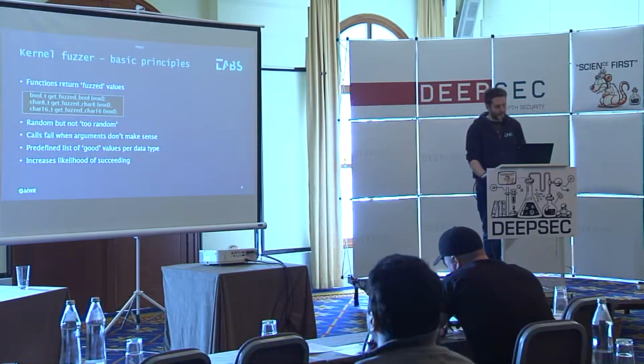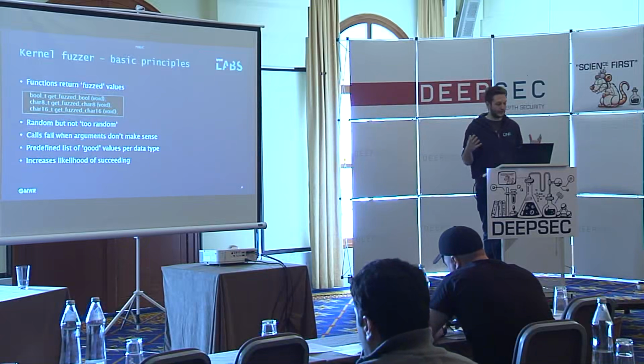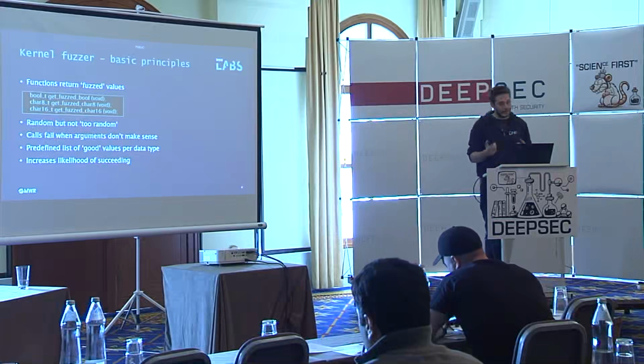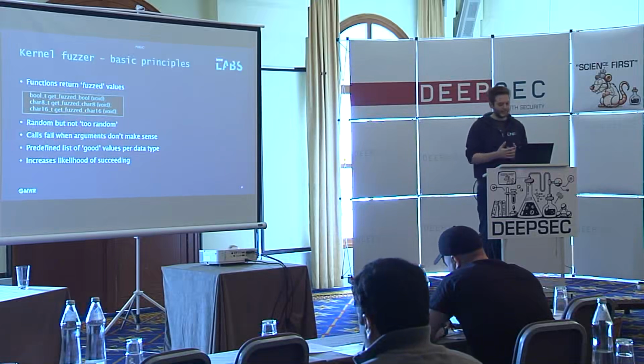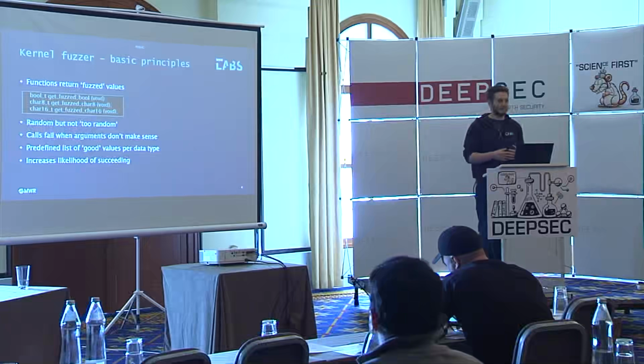So just to go through some basic principles of the kernel fuzzer, we have a bunch of functions in it that basically return fuzzed values. We quickly found though that you don't really want to have random values in there. Initially we just put a load of rubbish in there to try and find bugs, but actually most calls don't work because the arguments don't make sense.